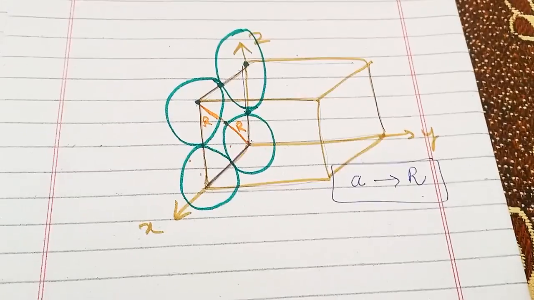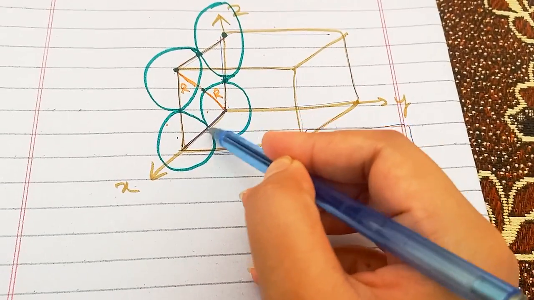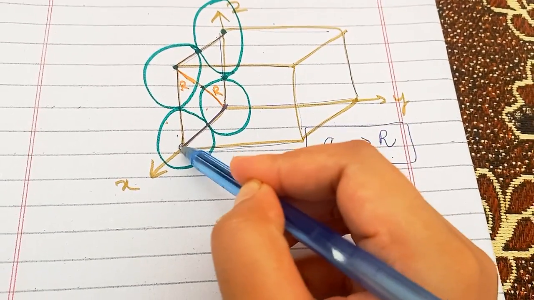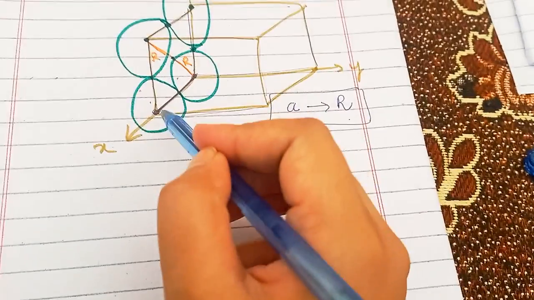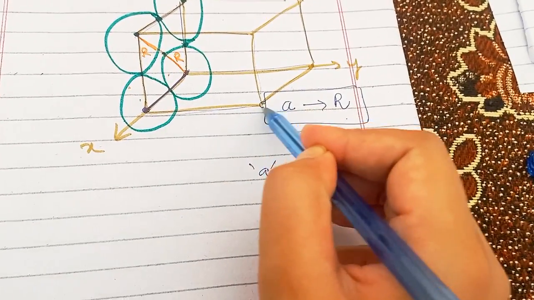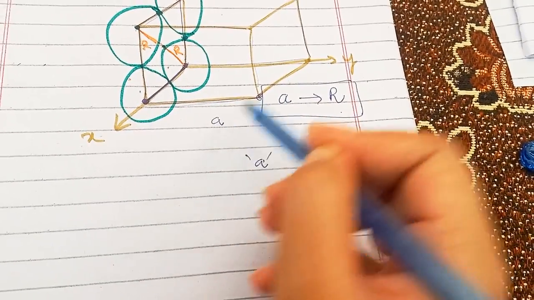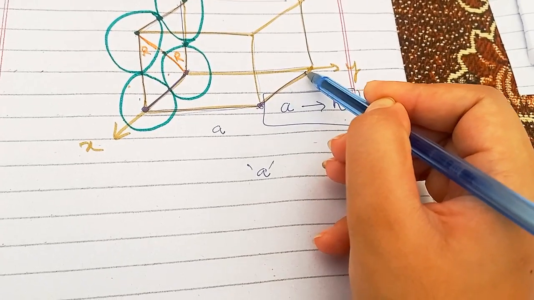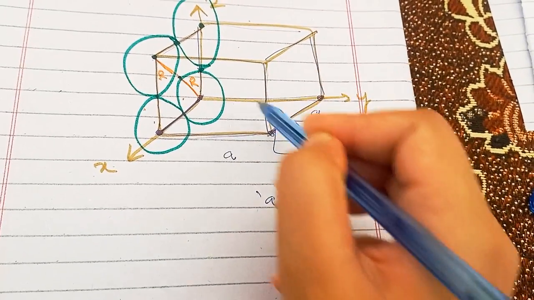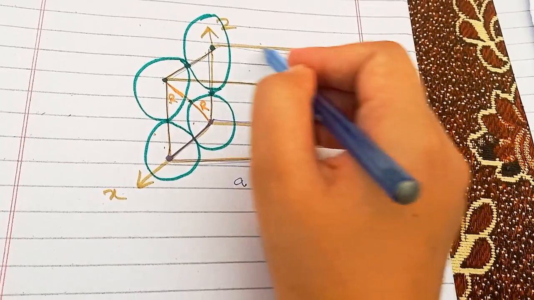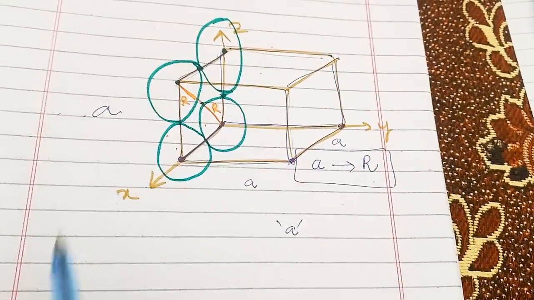Additionally, these axis lengths from one corner to the other corner of the unit cell are always a in a cube. Like this, from one corner to the other corner of the unit cell, this length is a. This is parallel to the x direction, so this length will be a. All these highlighted lengths that you are seeing are always a.